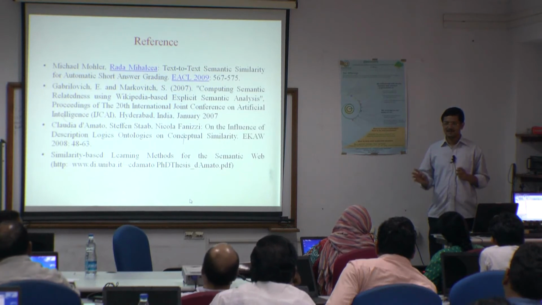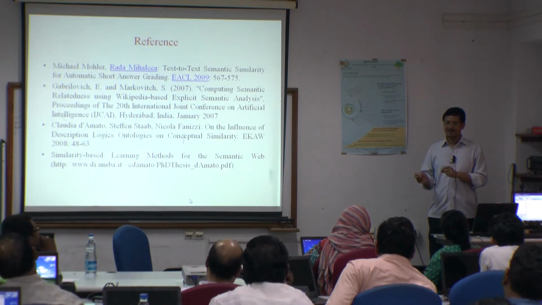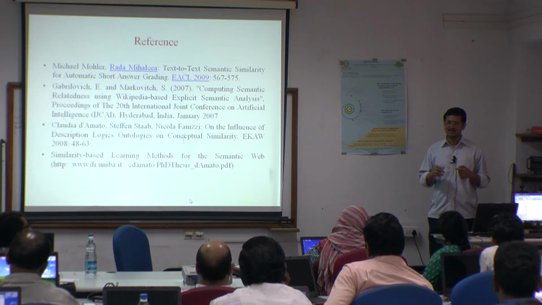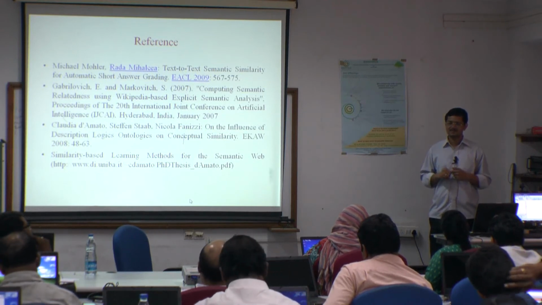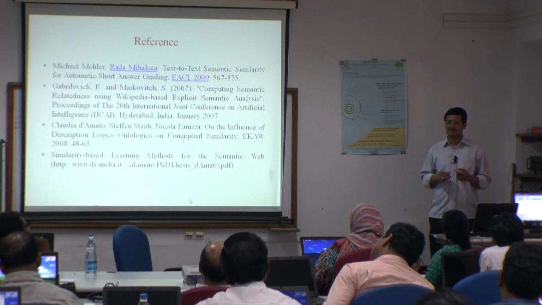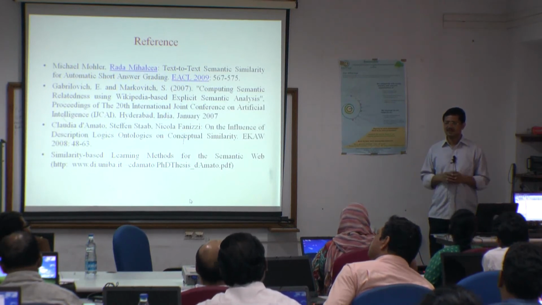So applying WordNet with Wikipedia will not guarantee you achieve anything, because WordNet doesn't contain a lot of scientific terminologies and scientific terms. It doesn't even contain a lot of new terms.